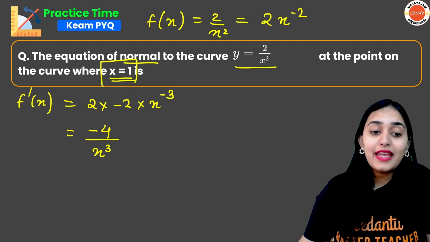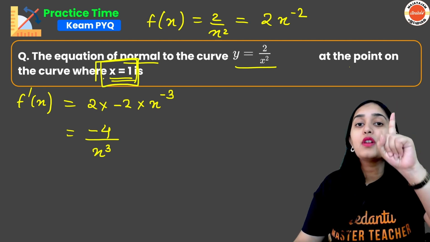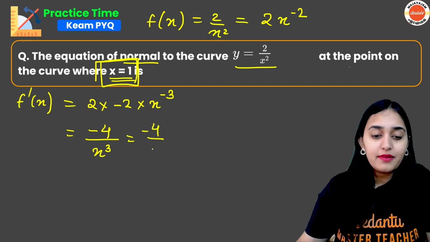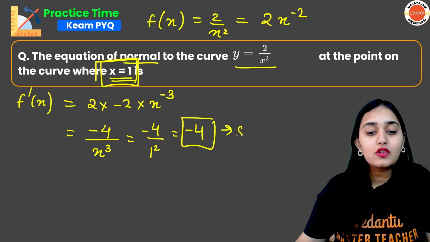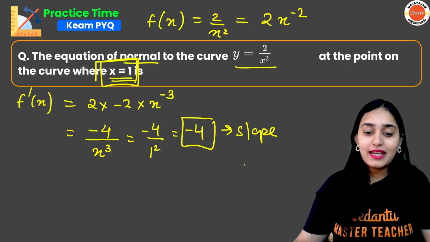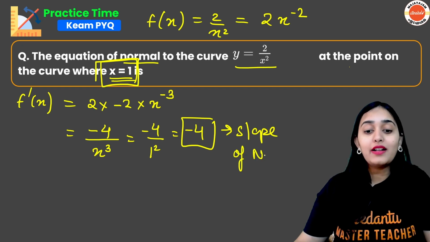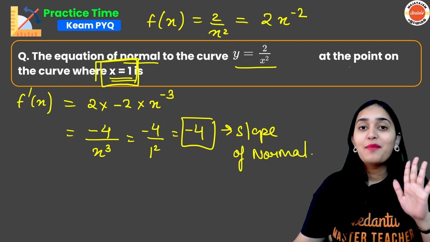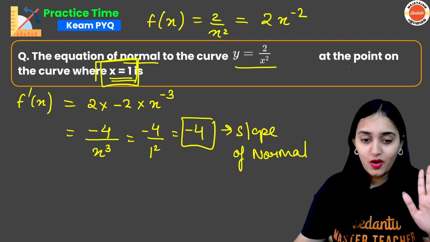But in the question they have given x is equal to 1. So, if we put x is equal to 1, we get 1 cube, that is minus 4. So, this is slope of the tangent, right? Sorry, not tangent, slope of the normal. Oh, my bad. This is not slope of the normal.